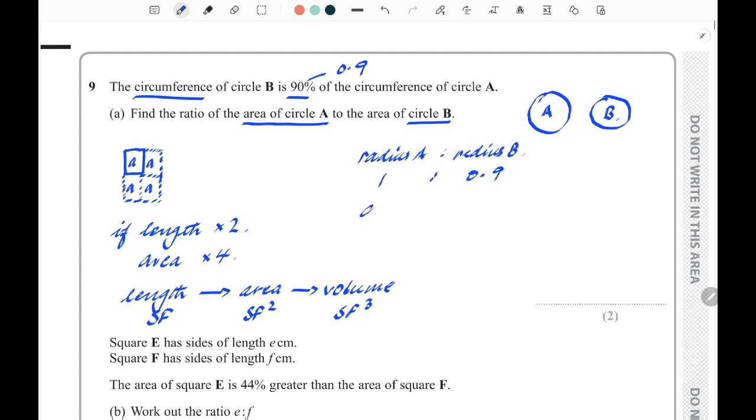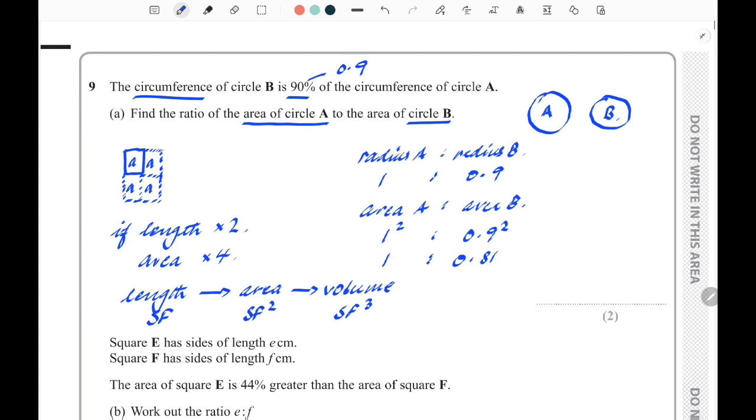So the area of A to the area of B is, again, 1, but then you have the scale factor squared, which is 0.9 squared. So call it 1 squared, 0.9 squared. That's the same as 1 to 0.81.